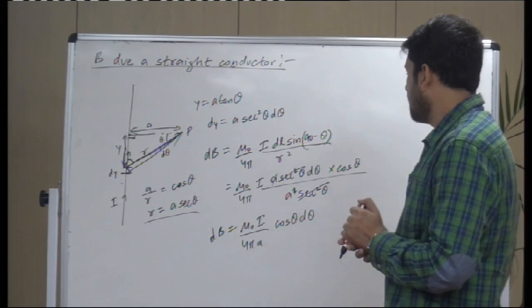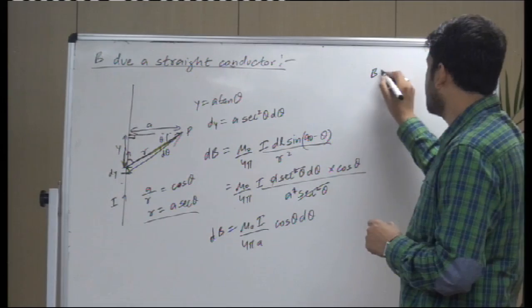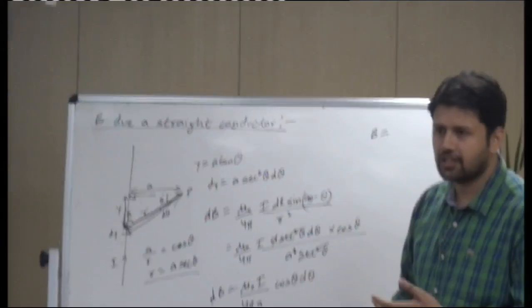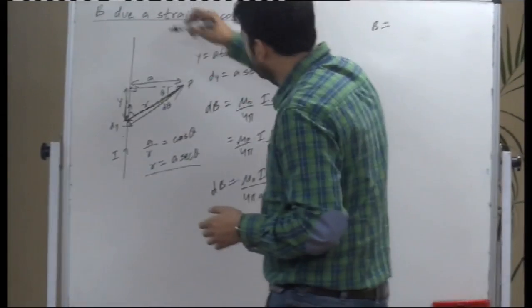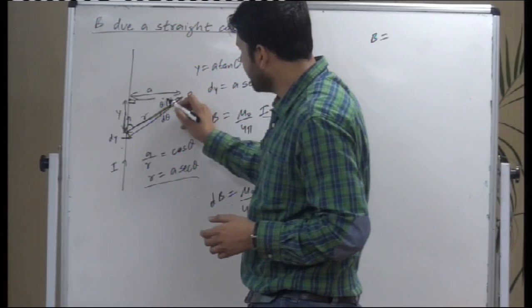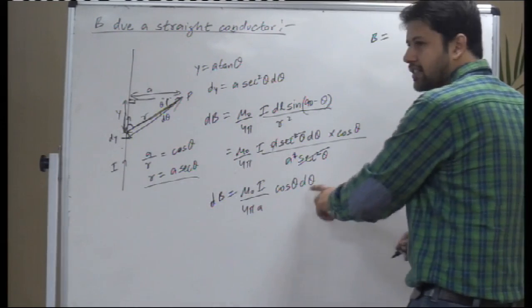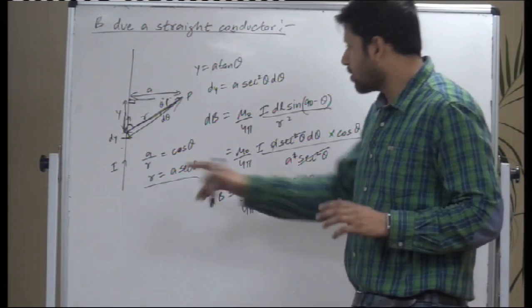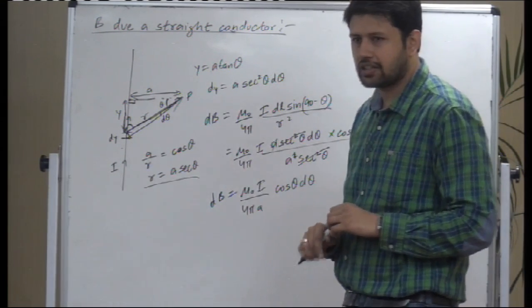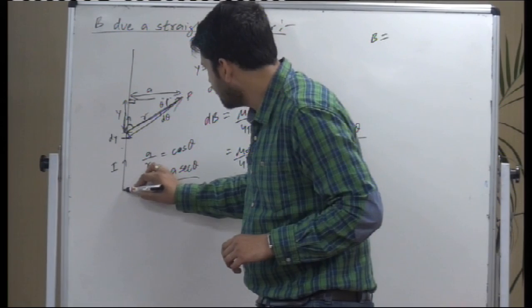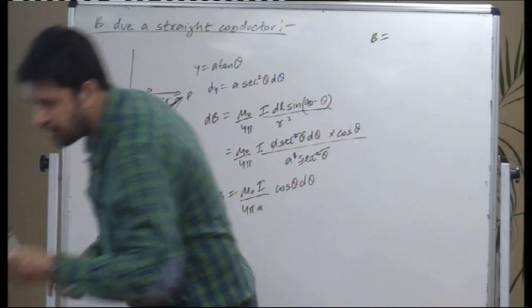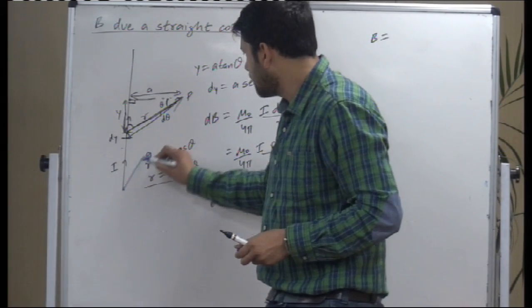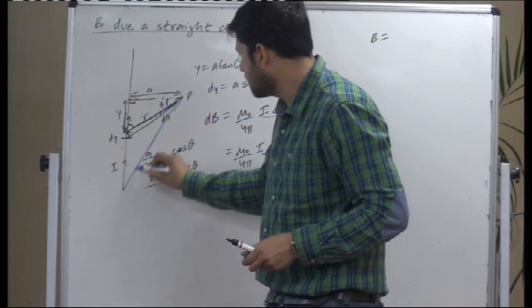Now we want to calculate the field due to the whole of this wire. We have only one variable, that is theta. So I would be interested in the angle which the corners subtend at this point. So let's join these 2 points.